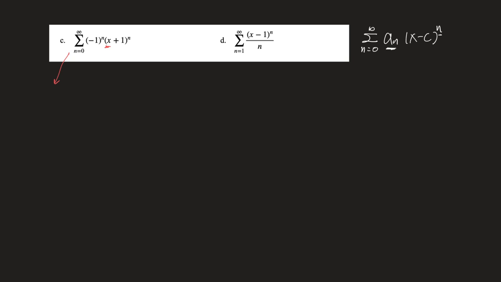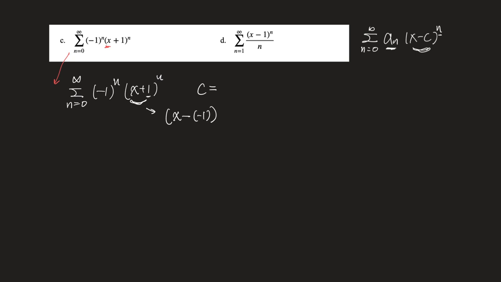Here x is the variable. So we write this one: summation n equals 0 to infinity of (-1)^n (x plus 1)^n. First, let's find the center. Inside we have x plus 1, and the form is x minus c, so this is x minus (-1).